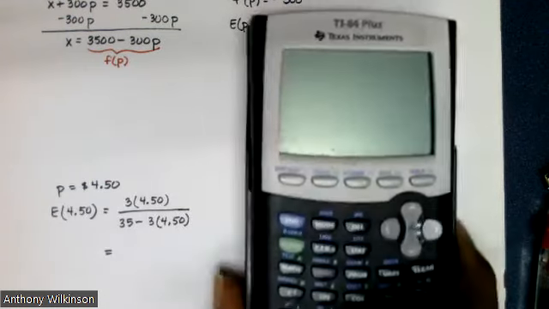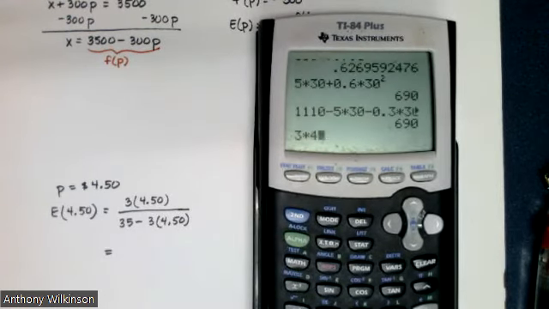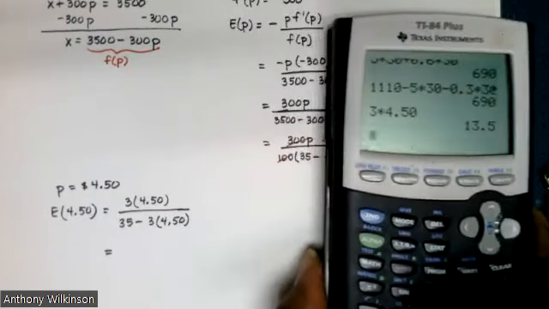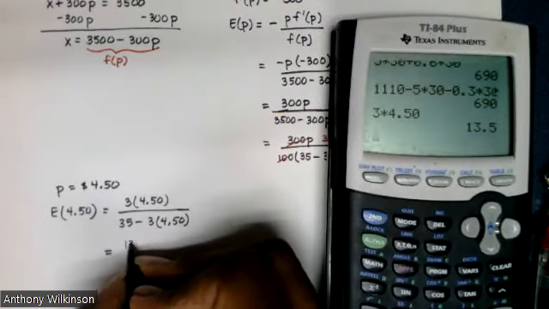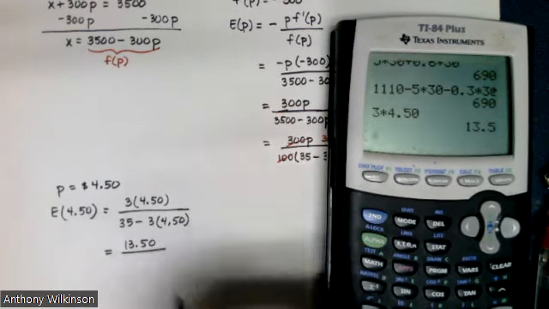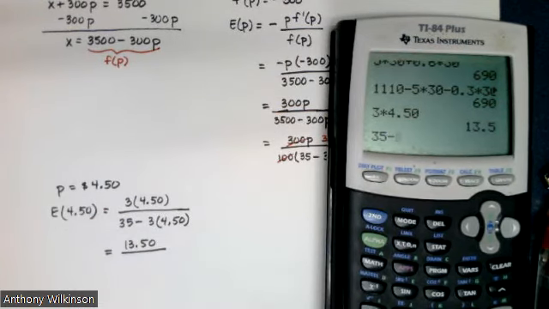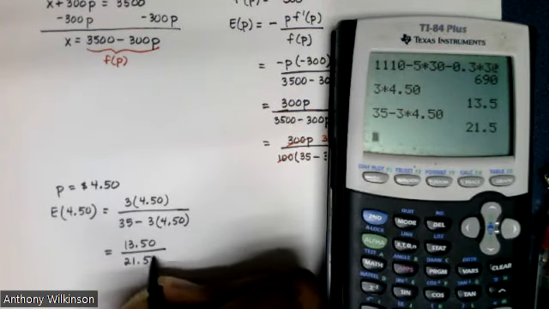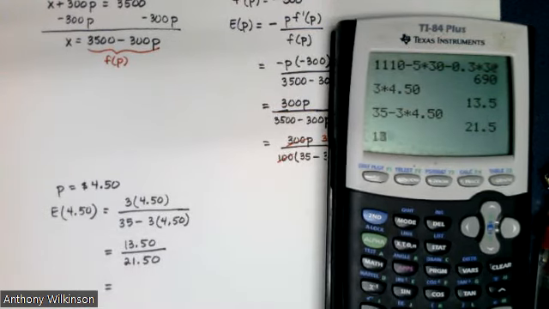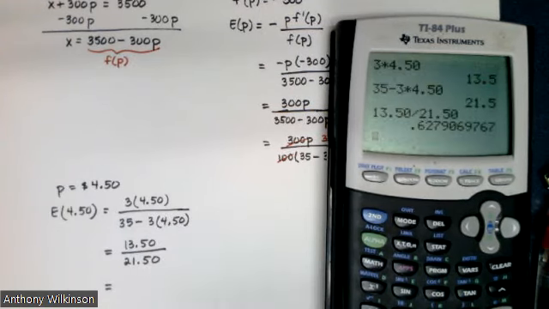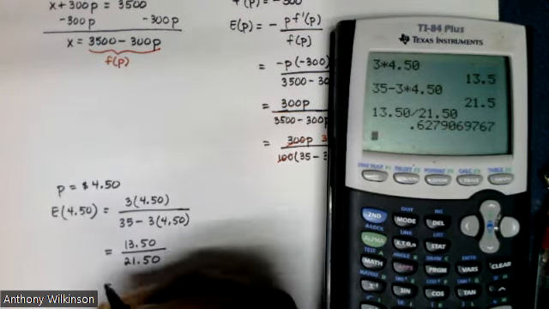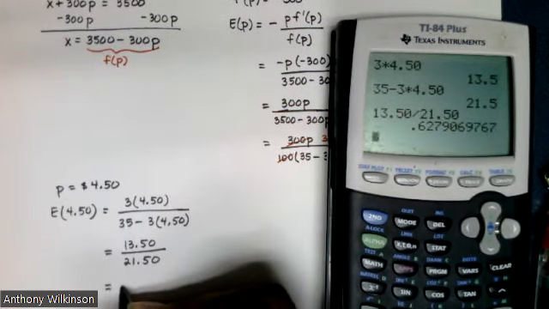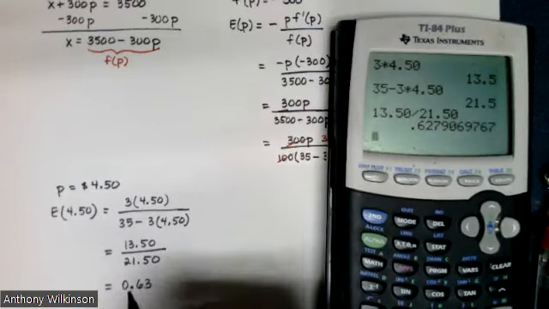Let's see, 3 times $4.50 would be 13.50, divided by 35 minus 3 times 4.50. This will give me 21.50. If I take 13.50 and divide that by 21.50, to 2 decimal places, this will be approximately 0.63.